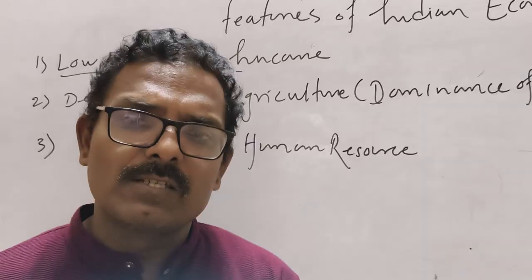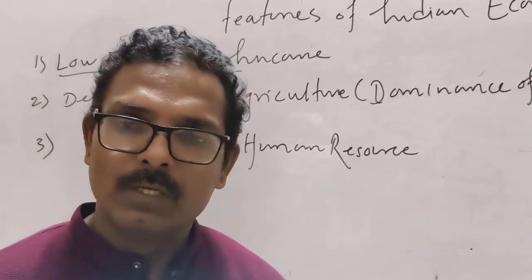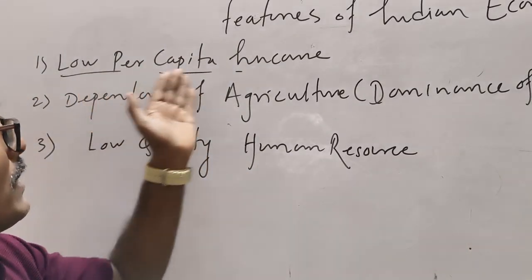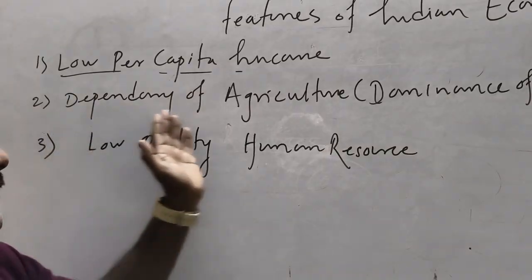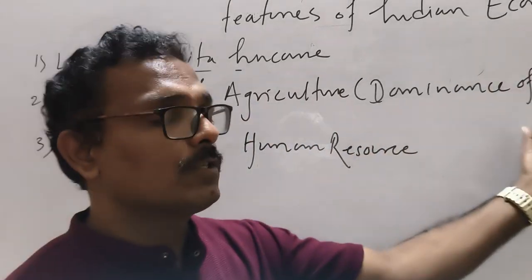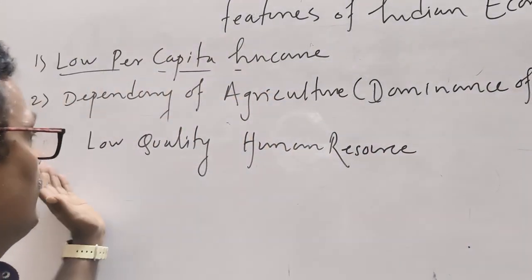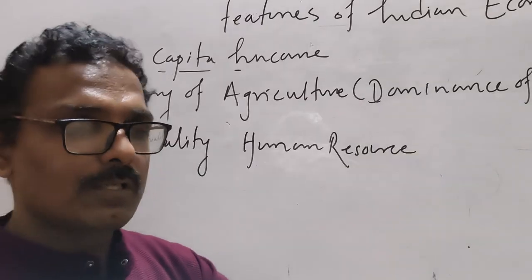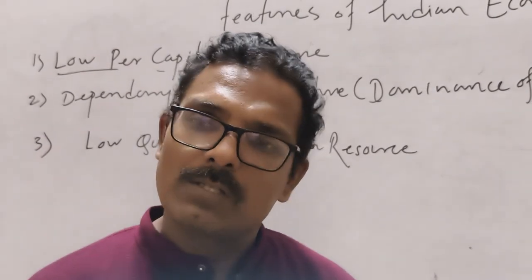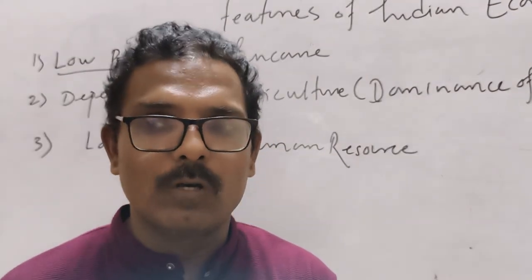So we are discussing here the features of our country's economy. We have seen low per capita income, dependency on or dominance of agriculture, and low quality of human resources. We have very low quality human resources.